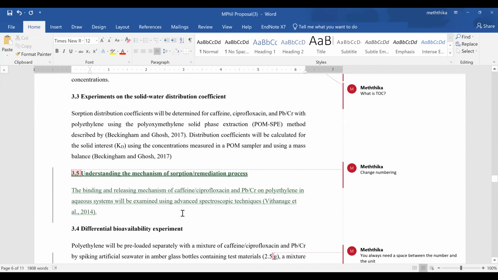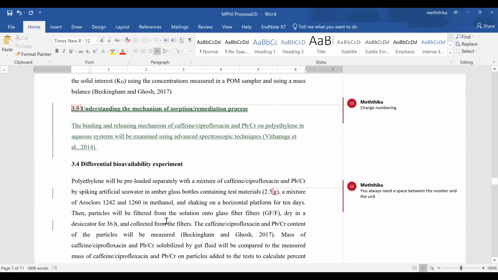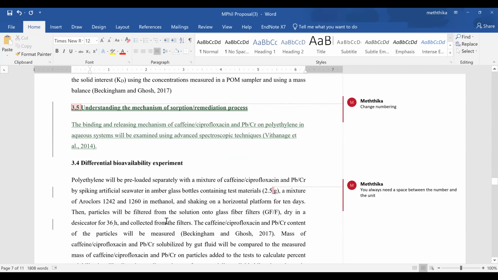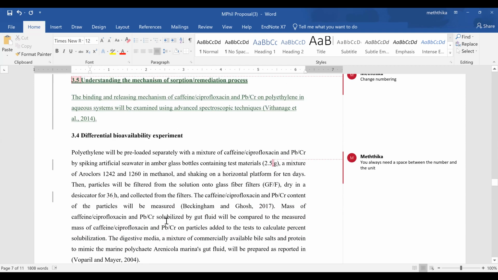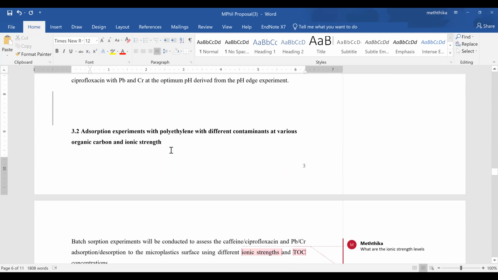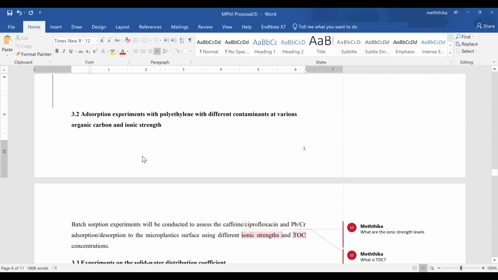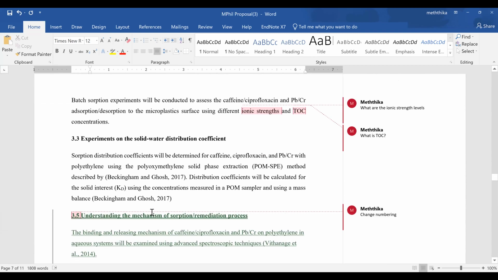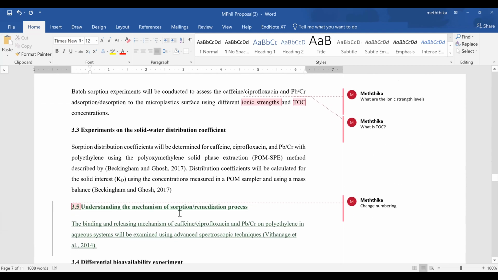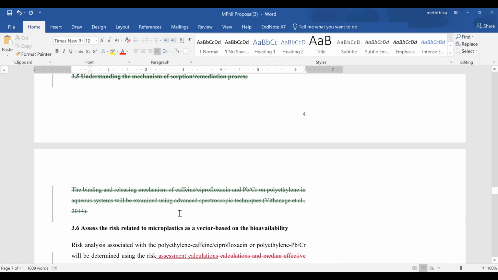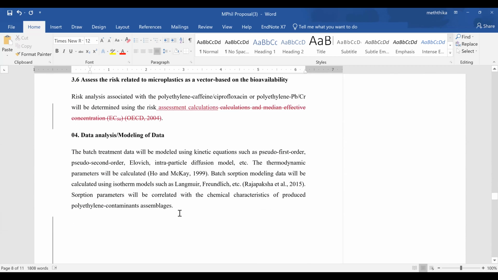Based on the 3 objectives, she has categorized the methodology into various different experiments that she is planning to do. The first experiment is one thing, the second experiment is some other, and the third experiment is something else, and so on. Likewise, the methodology should be clearly given and really elaborated, just like the introduction.